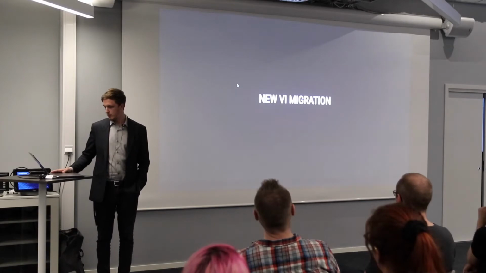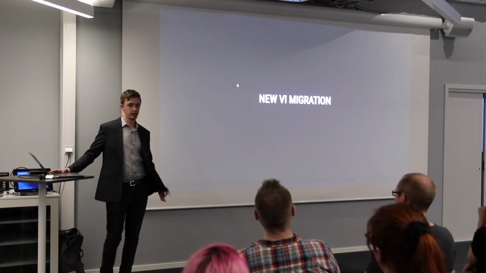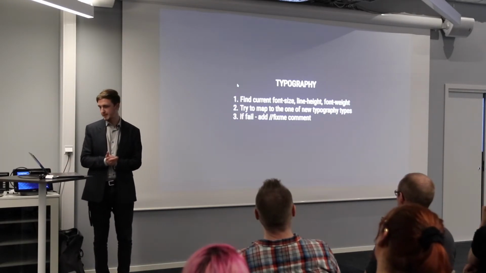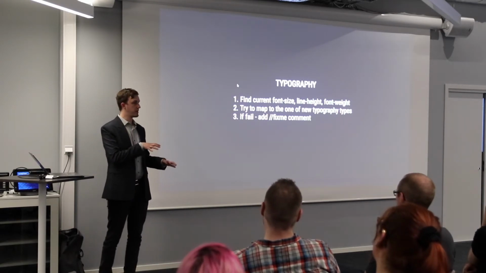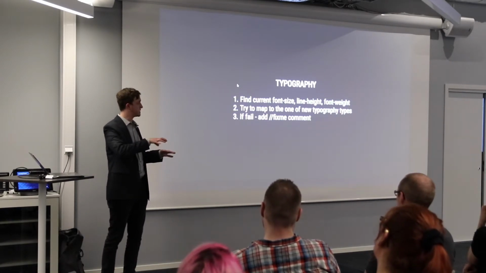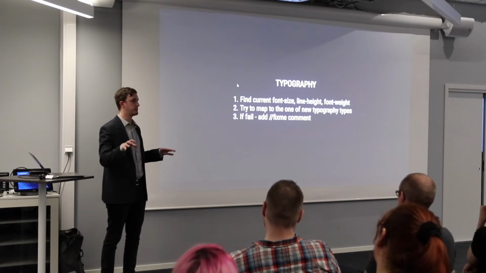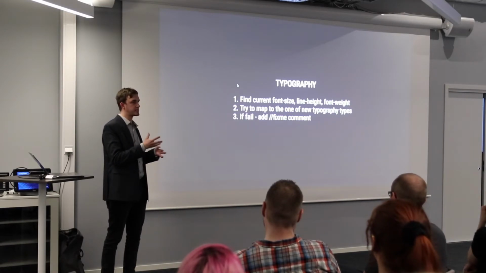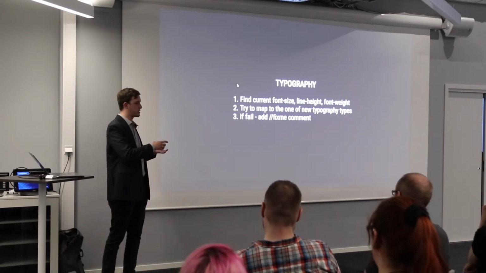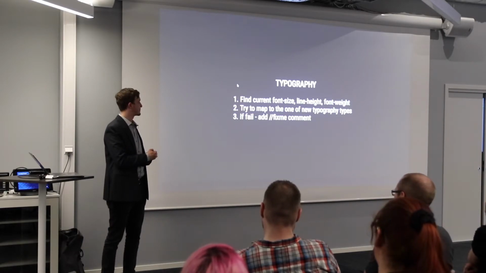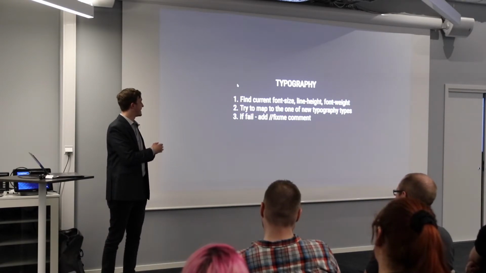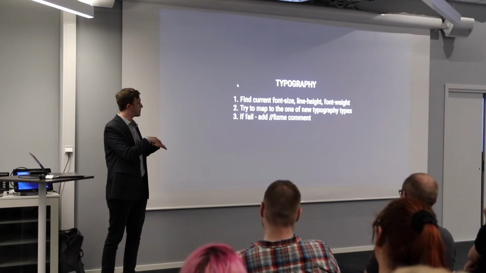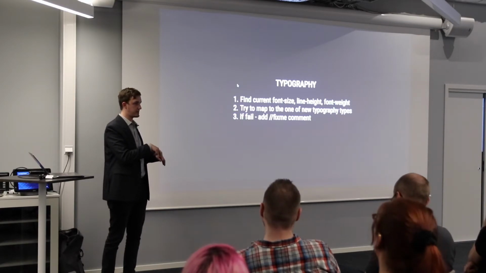So, the new UI migration, what we actually did. For the typography step, we found every occurrence of the font size, line height, and font weight properties. Again, we're talking CSS in JS, and that's why it was in JS. And we mapped them into the new typography types.